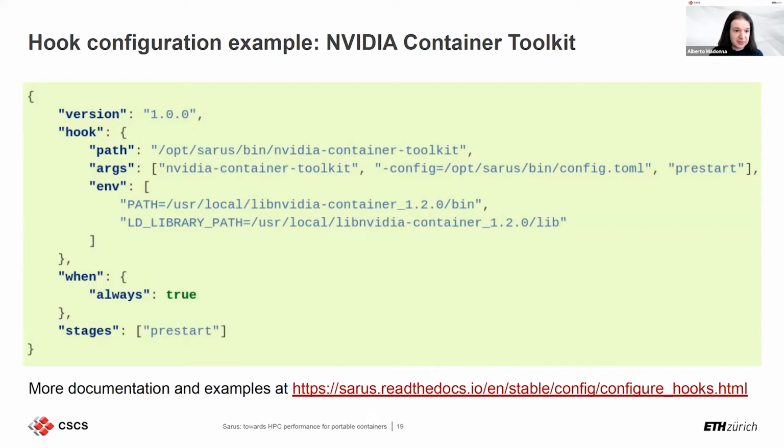This example is about 15 lines of JSON, and that's all that is needed for Sarus to start creating GPU-enabled containers. Also, in our documentation, we have more examples of how to configure and use the other hooks that I mentioned before.